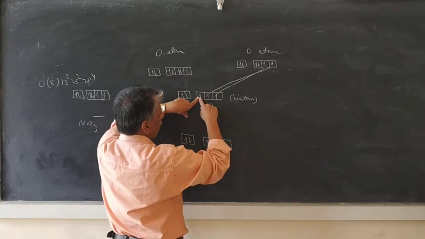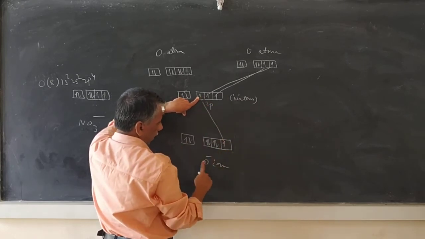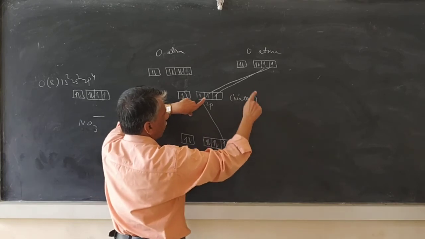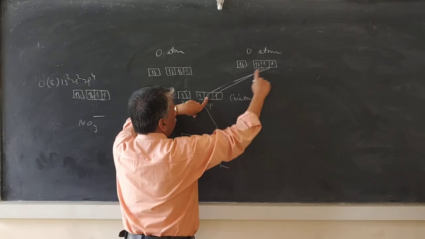Similarly, this unpaired electron of the nitrogen atom combines with the unpaired electron of this O minus ion and forms a bond. Then this unpaired electron combines with this unpaired electron of nitrogen and forms a bond.